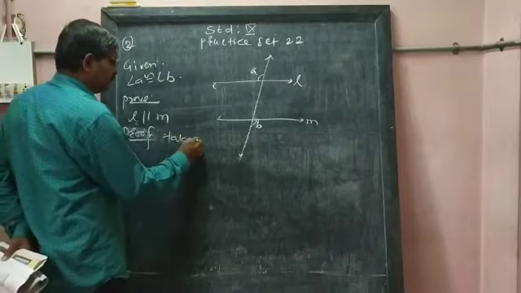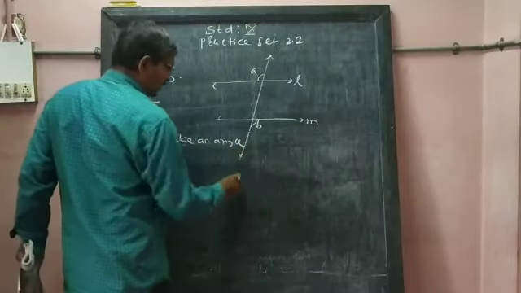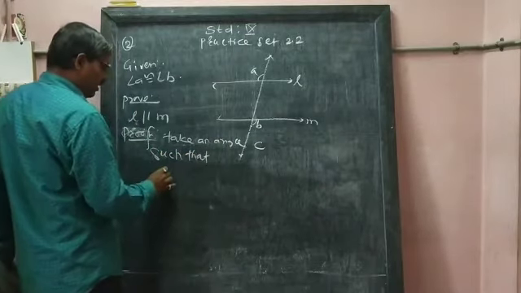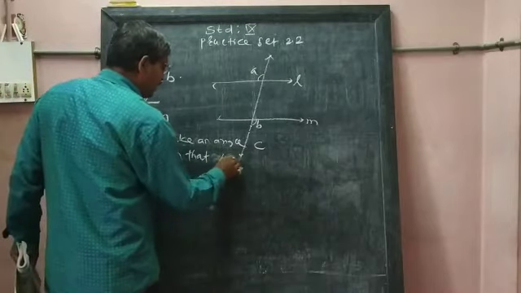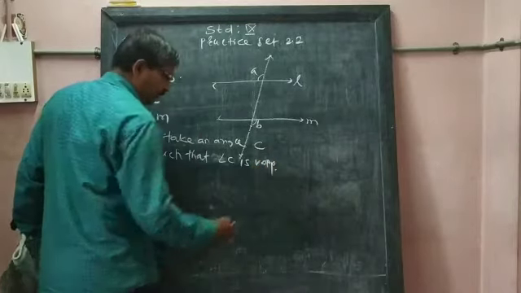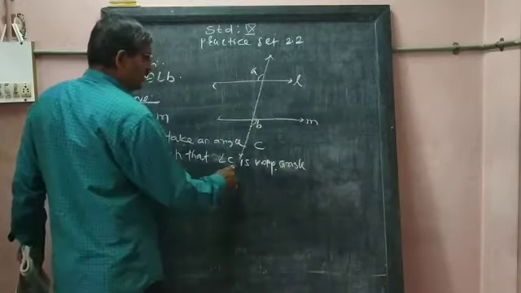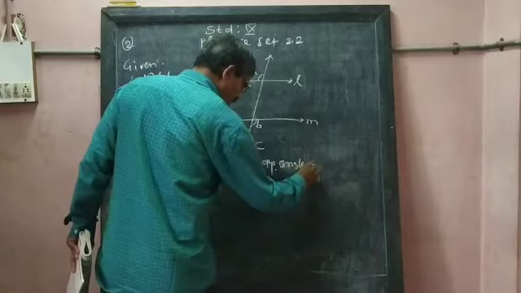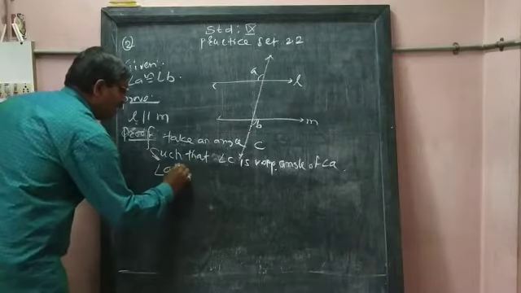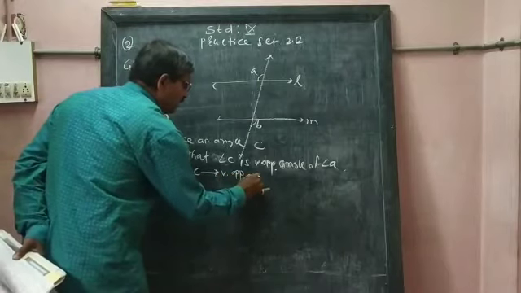Take an angle C such that angle C is the vertically opposite angle of angle A. Therefore angle A is congruent to angle C; the reason is vertically opposite angles.